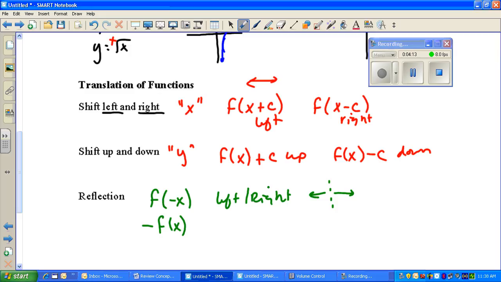I don't like to remember that. I like to say it's with x, it's going to shift left or right. I don't care about the axes. Here, this negative is outside, so it's going to be a reflect up or down. Up and down would be about the x-axis, but don't remember that because it's confusing. So you'll have to know some things about reflections, and that's just a quick little brief review of that.